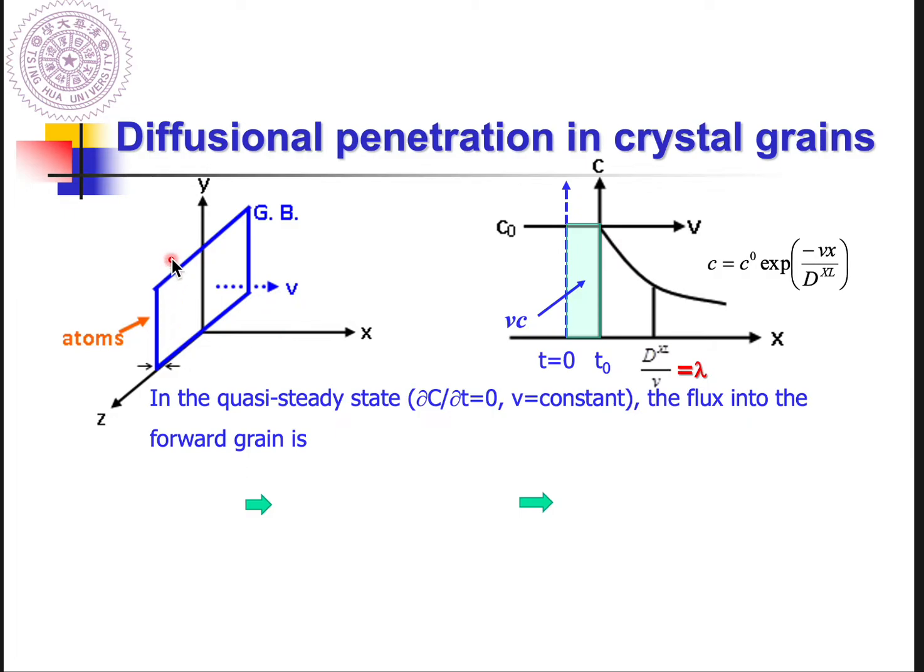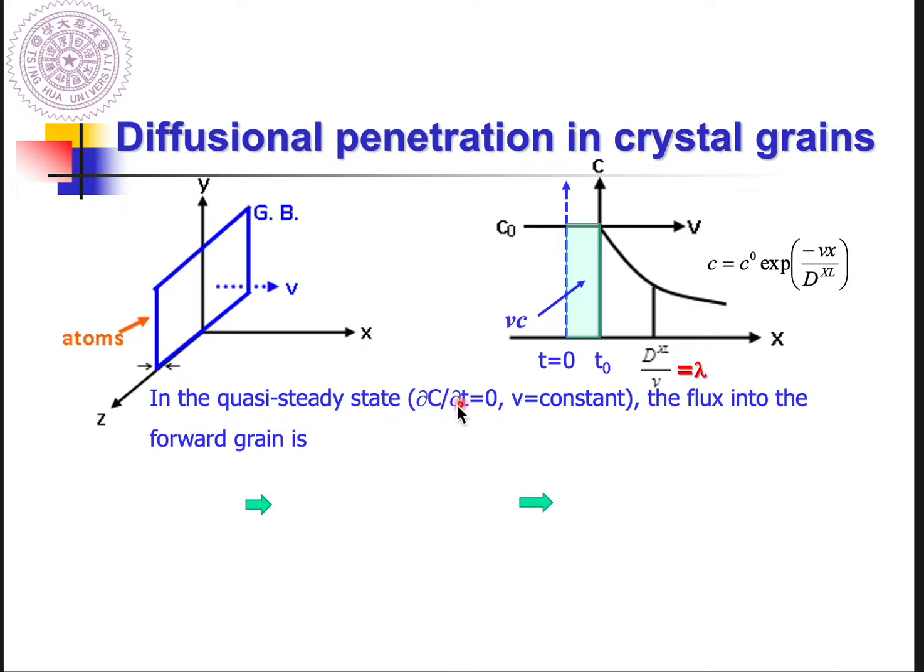The first thing is the boundary moves with velocity v from here to here. And the second thing happens simultaneously: the diffusing atoms with concentration C0 diffuse into the grain. Based on this situation, we assume that it is in the quasi-steady state.